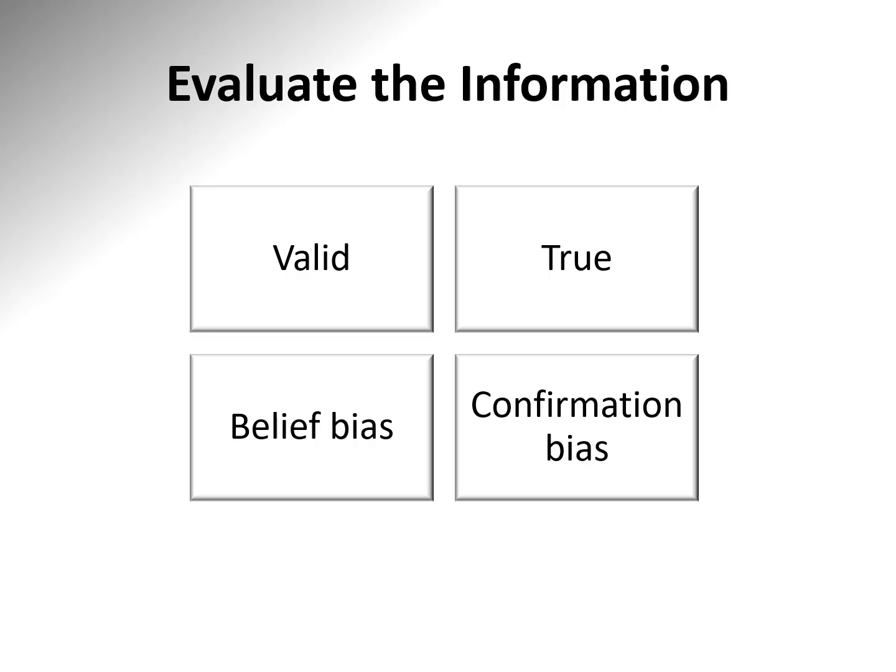Belief bias occurs when an individual's belief system interferes with their ability to come to a logical conclusion. Confirmation bias is the tendency to use information to support the hypothesis about a problem.